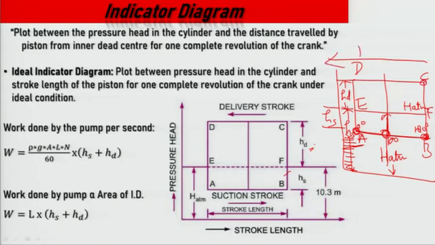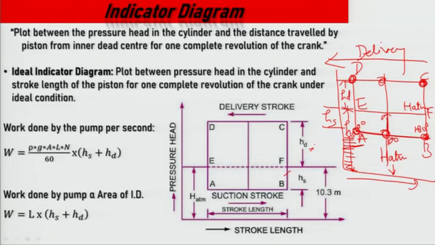This one is the delivery, this one is the suction. Because this is the ideal diagram, we assume the variation is constant, with no friction losses, nothing else.